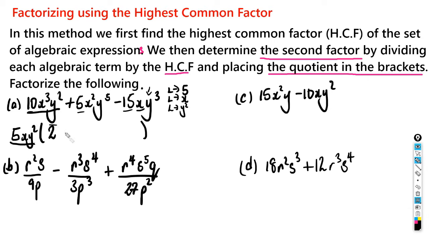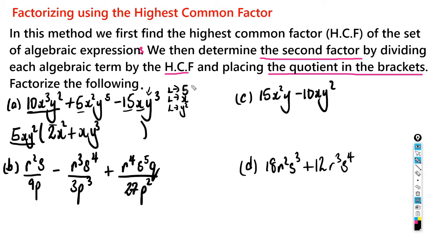Then x goes into x cubed, giving x squared, and y squared goes into y squared, giving 1. So we get 2x squared here. Then plus: 5 goes into 5 one time, x goes into x leaving x, and y squared goes into y to the fifth, leaving y cubed.